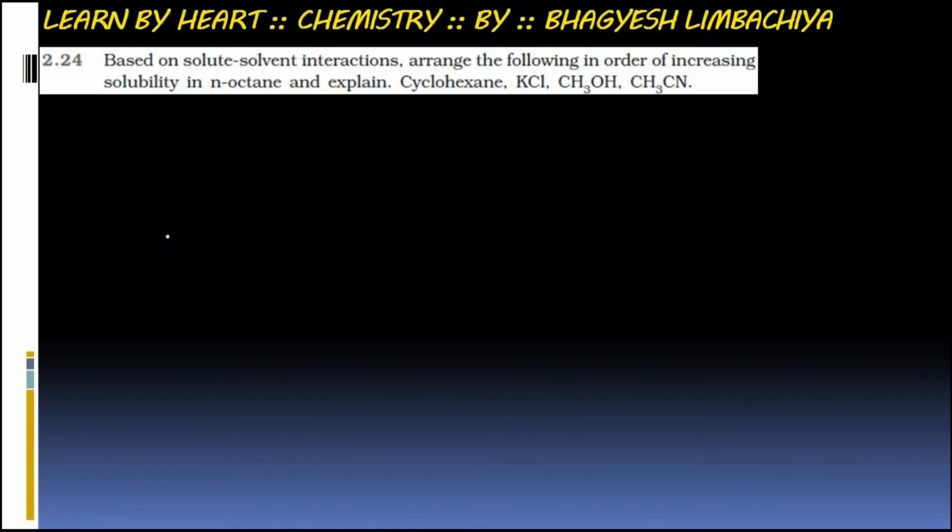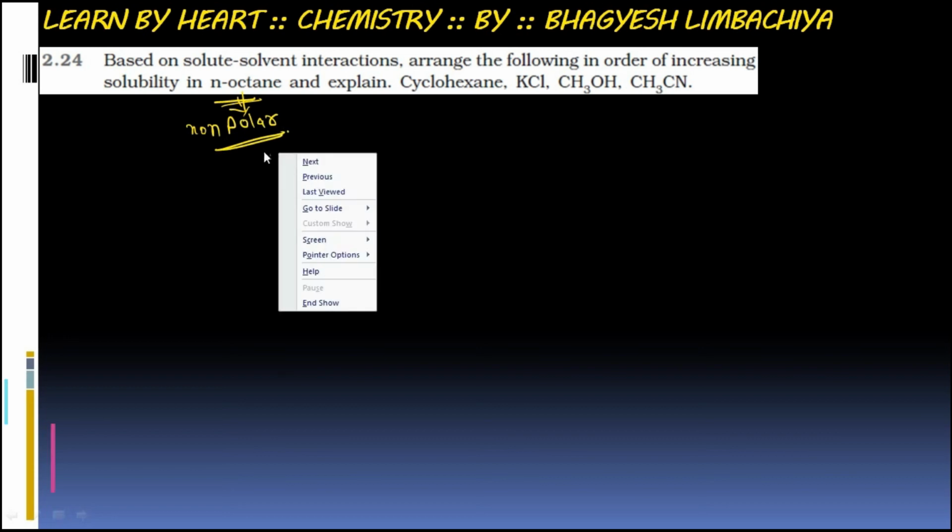Now, based on the solute-solvent interactions, arrange the following in order of increasing solubility in normal octane, and give reason for it. Here normal octane is a non-polar substance, so non-polar solutes can be soluble in it.